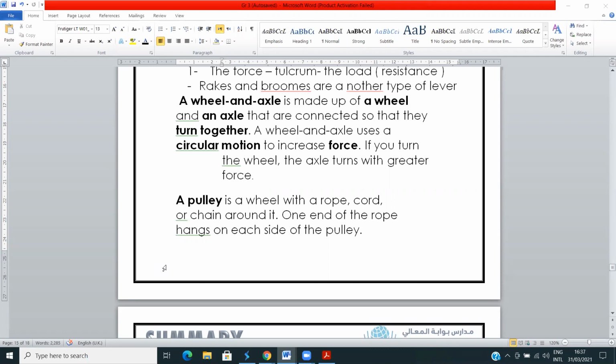Mister, can you put a video now about this lesson? Yes, inshallah. You want a video about the pulley? I will try. Yes. The pulley is a wheel with a rope or cord.